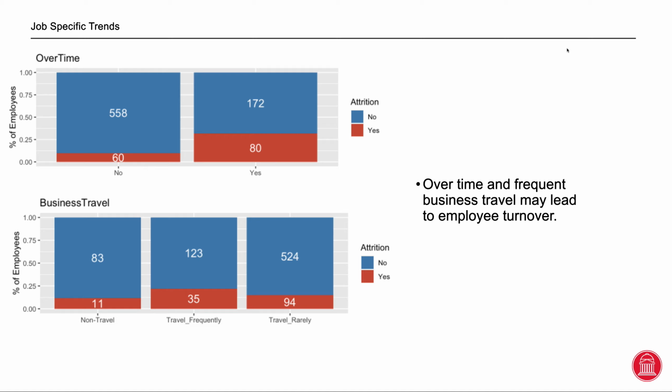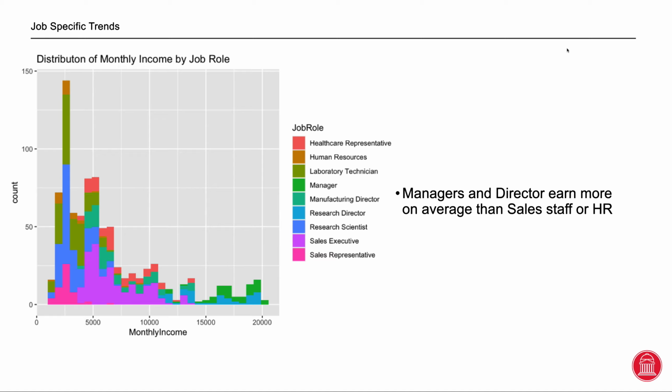And then down below, there seems to be some evidence that if you're someone who's traveling more regularly, in the middle bar there for traveling frequently, a higher percentage of those employees end up turning over as well. So perhaps this is adding stress to the job. We're not exactly sure. We can't speak of any cause and effect right now, but we can say that it's an association that exists in this data set.